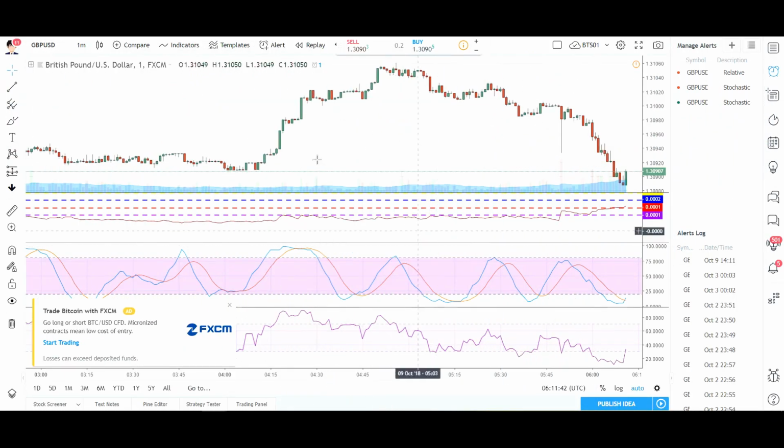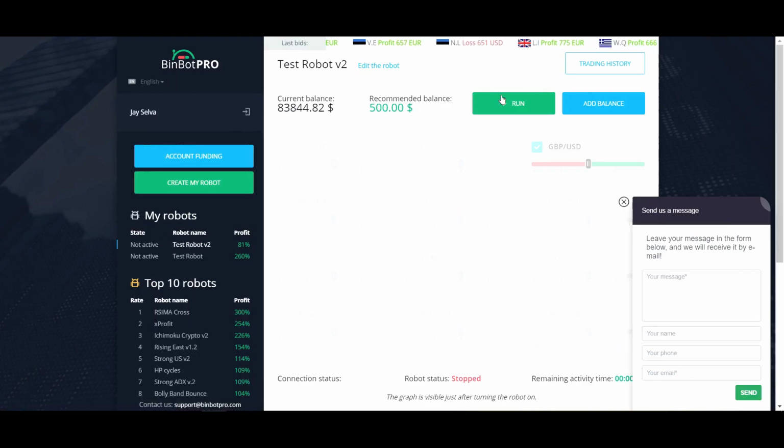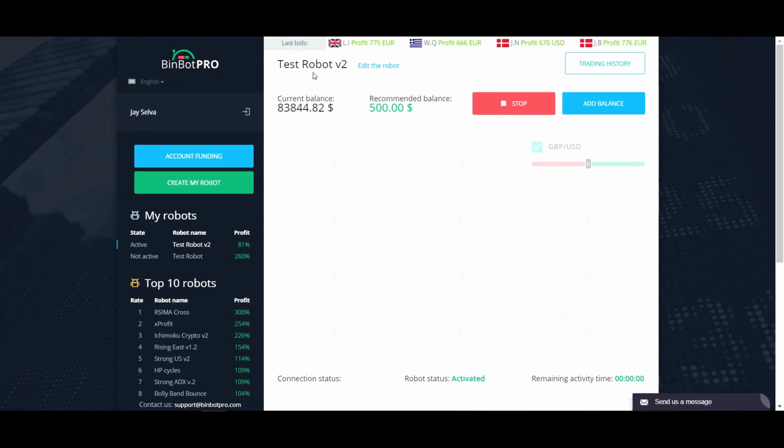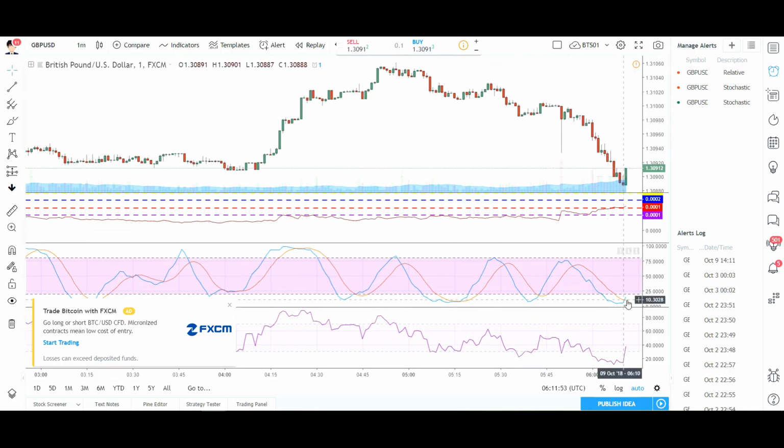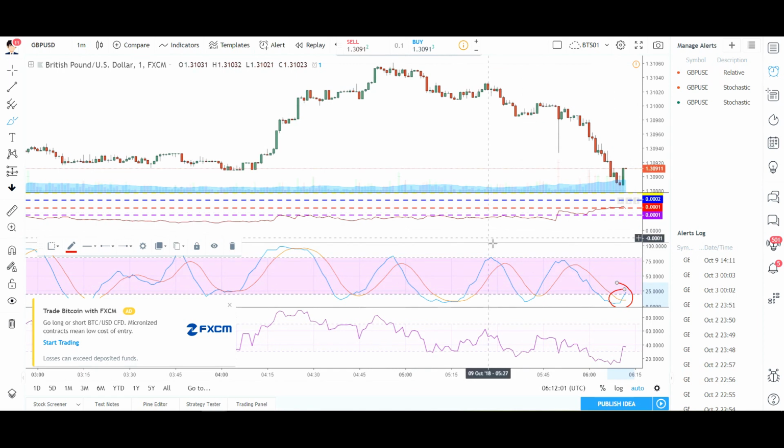Alright guys, I have another alert on my GBP USD chart. Let me turn on the robot first before I explain. Alright, my current balance is 80k. Let me tell you guys all about it. First, there's a stochastic cross, same as method C. The stochastic cross ATR level is above the purple line, and right now it's 6:12 AM GMT.